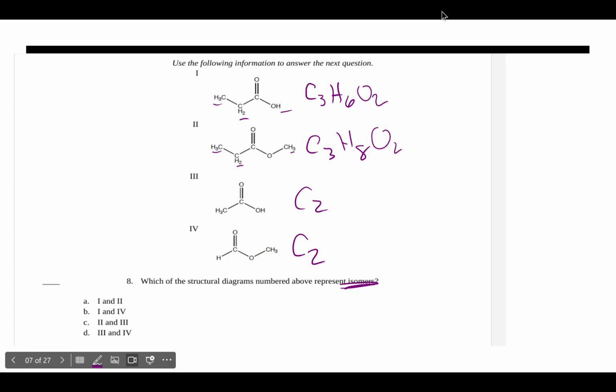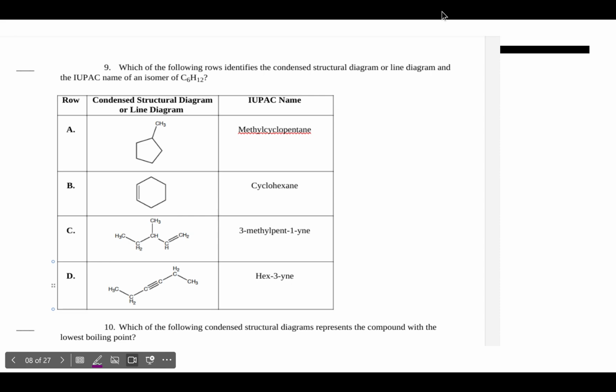Looking at 3, you have 4 hydrogens and 2 oxygens. And looking at 4, you have 4 hydrogens and 2 oxygens. So these are going to be isomers of each other because they're exactly the same, and 1 and 2 are not because of the difference in hydrogens. So we're looking for the answer to say 3 and 4, which is D.